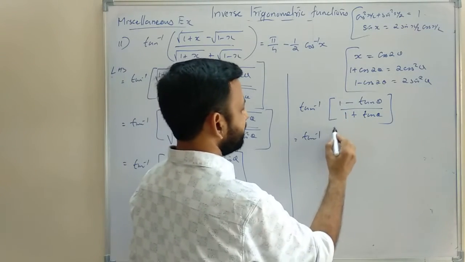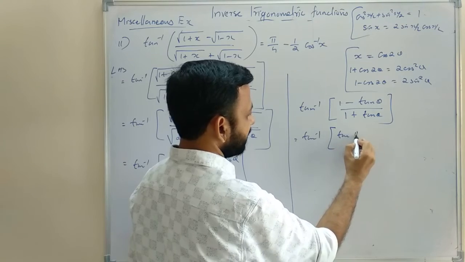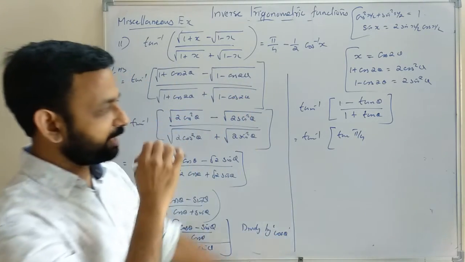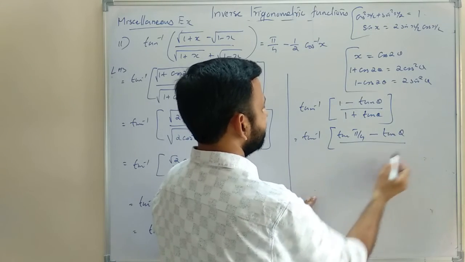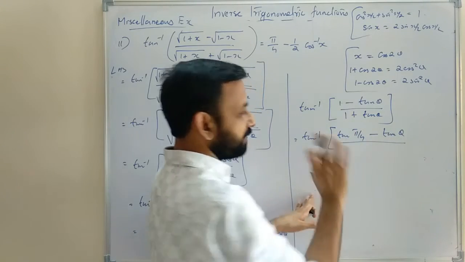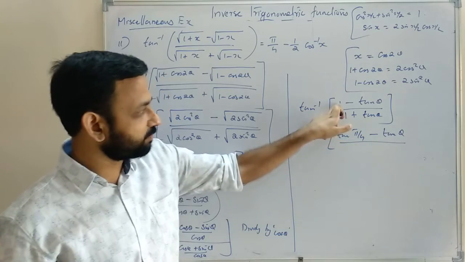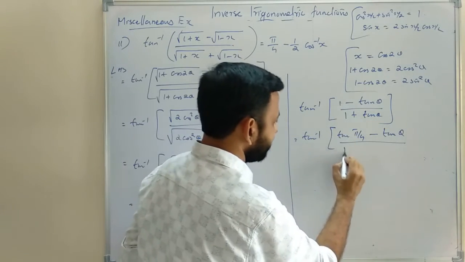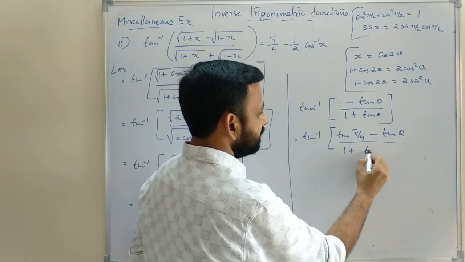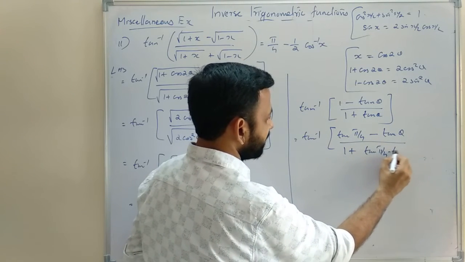So this 1 can be replaced by tan pi by 4, because tan pi by 4 is 1. Tan pi by 4 minus tan theta upon 1 plus tan pi by 4 into tan theta.